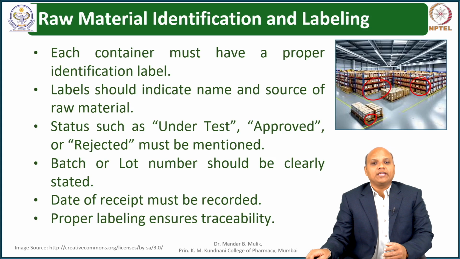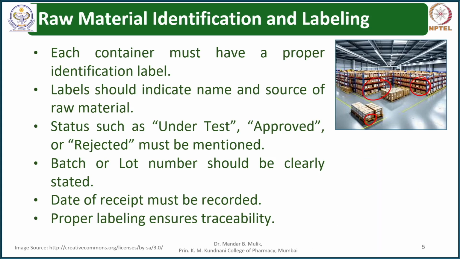Labels should indicate the name and source of the raw material. Status such as under test, approved or rejected must be mentioned. Batch or lot number should be clearly stated. Date of receipt and date of manufacturing must be recorded. Proper labeling ensures traceability of the raw material as well as finished goods.